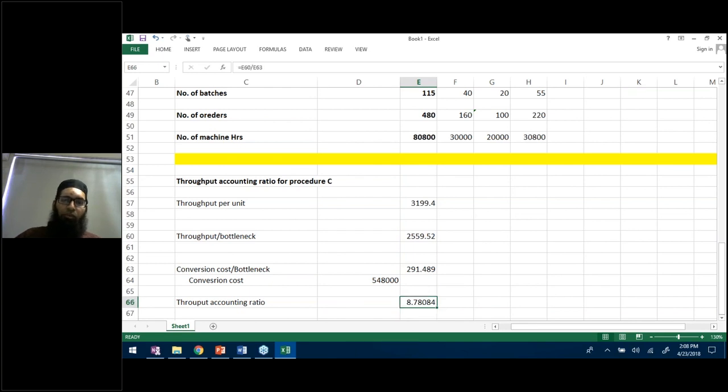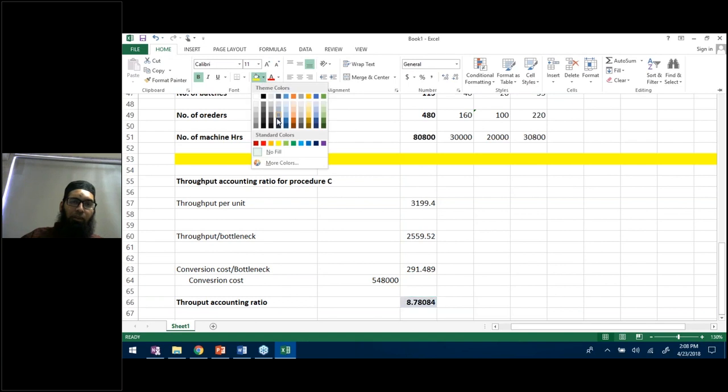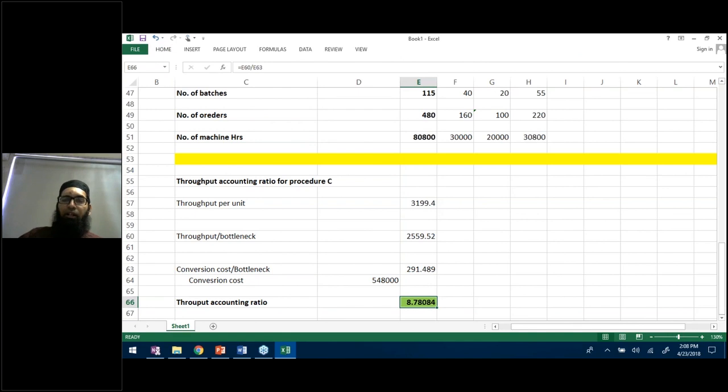So this is what was required in the question. What I generally tell the student to do is, in the exam, when you get the final answer, try to highlight it with some color. For example, just give a green color for that, so that the marker can directly view your right answer.